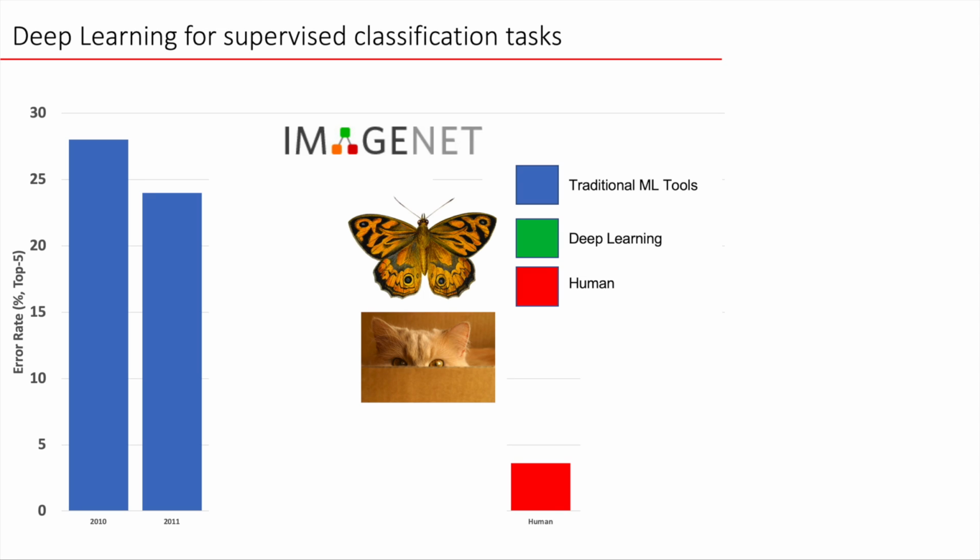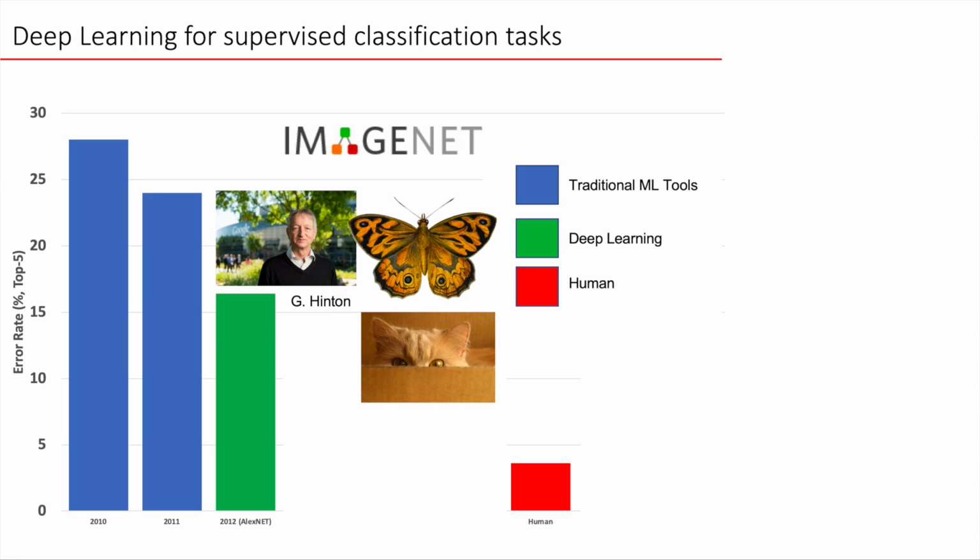So this, of course, was pioneered by computer scientist Geoffrey Hinton at the University of Toronto at the time. And when he entered the competition in 2012, he introduced this deep learning model. Again, it's denoted here in green just to signify that these are different types of computer vision algorithms. And you can see that, in fact, there was a quantum improvement in the error rate that was the winning error rate for that year.